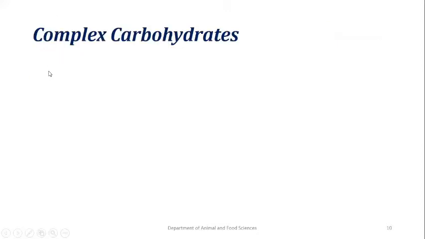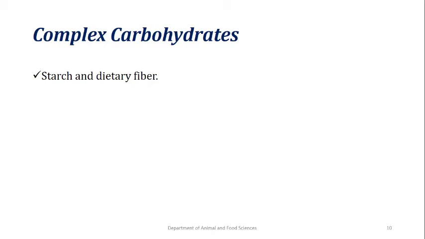When it comes to complex carbohydrates, we usually refer to them as polysaccharides, and starch and dietary fiber are considered complex carbohydrates. You will learn that dietary fiber is a type of complex carbohydrate; I will explain that later.